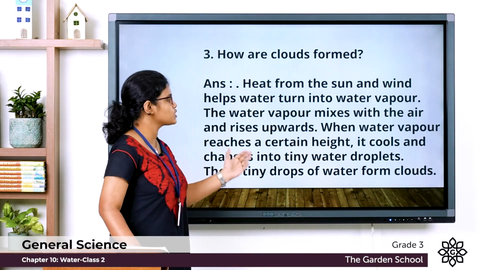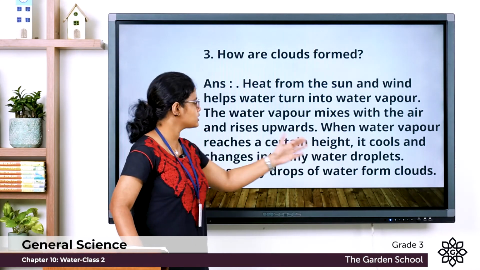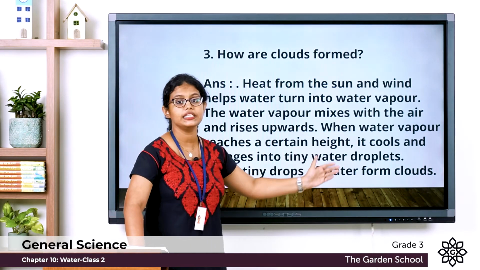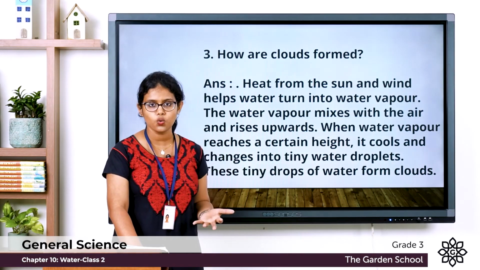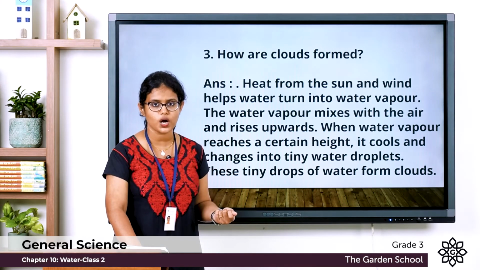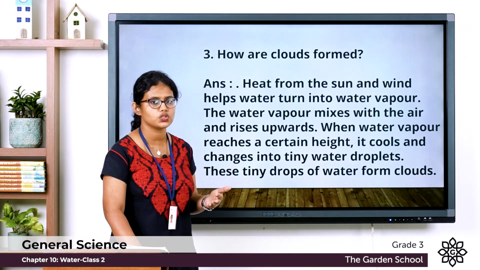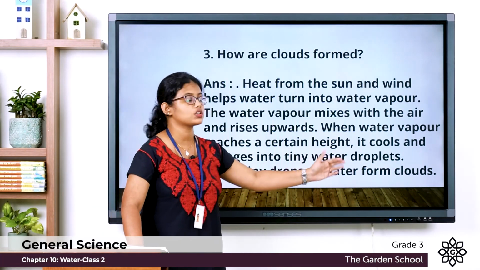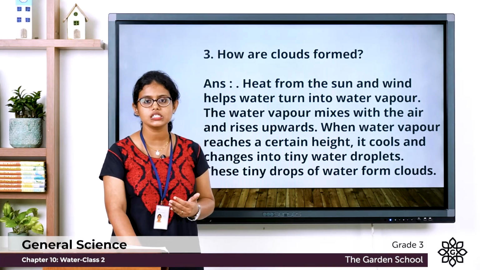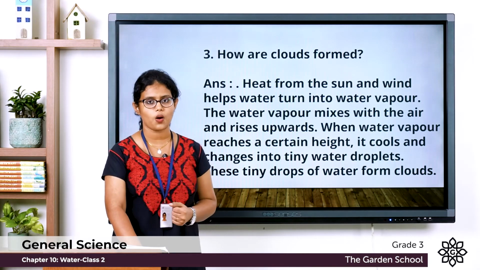When water vapor reaches a certain height, it cools and changes into tiny water droplets, and these tiny water droplets form clouds. So, this is how clouds are formed.